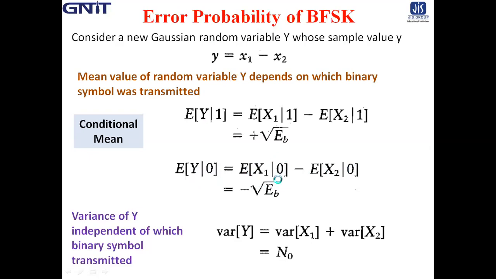The first part is 0, and the mean of the second part is root over EB. So the conditional mean given that symbol 0 was transmitted, expectation of y conditional 0, is minus square root of EB.